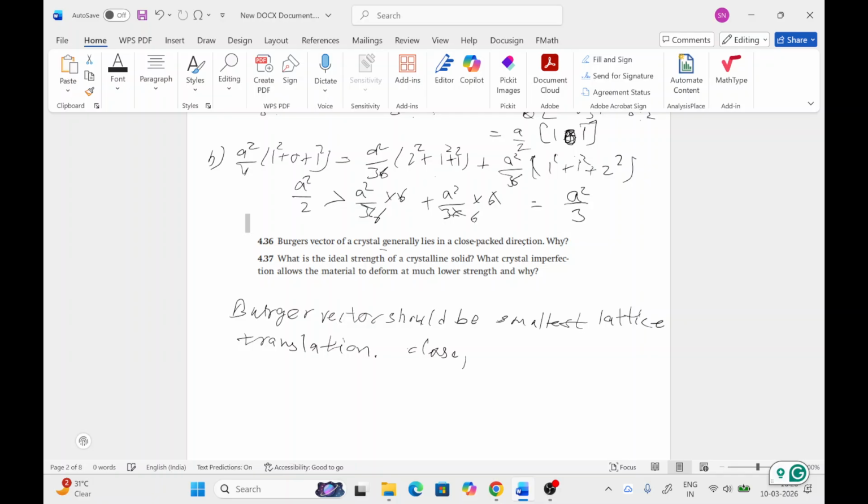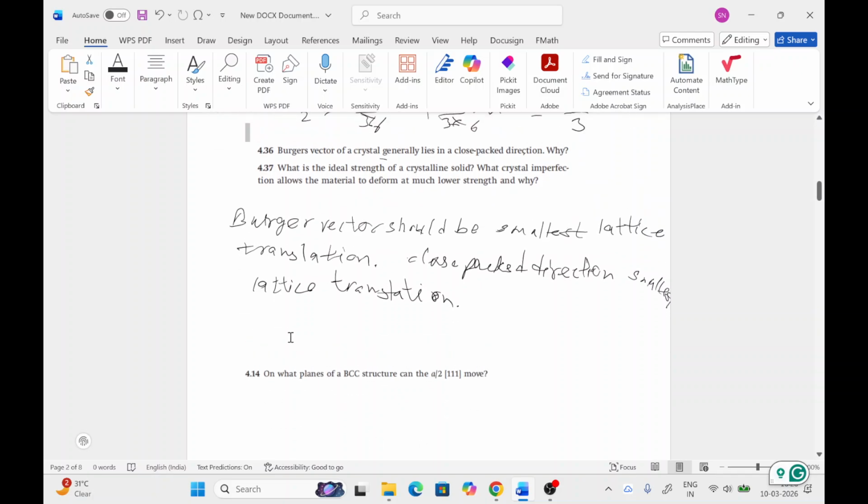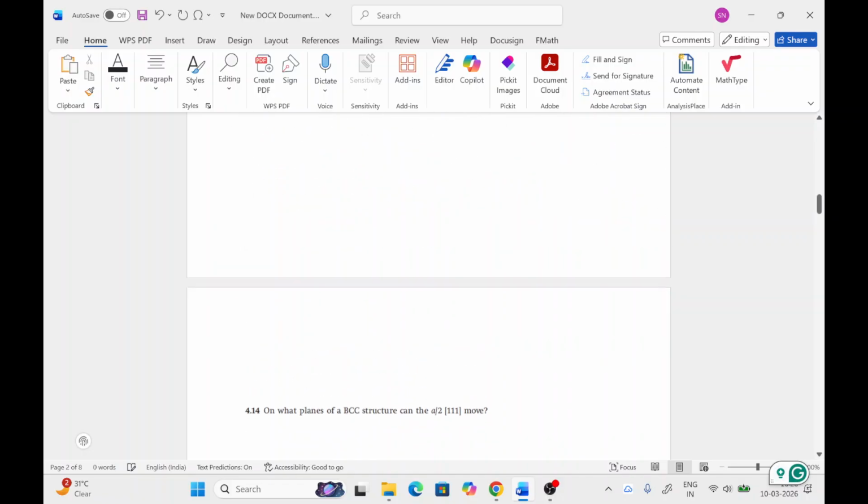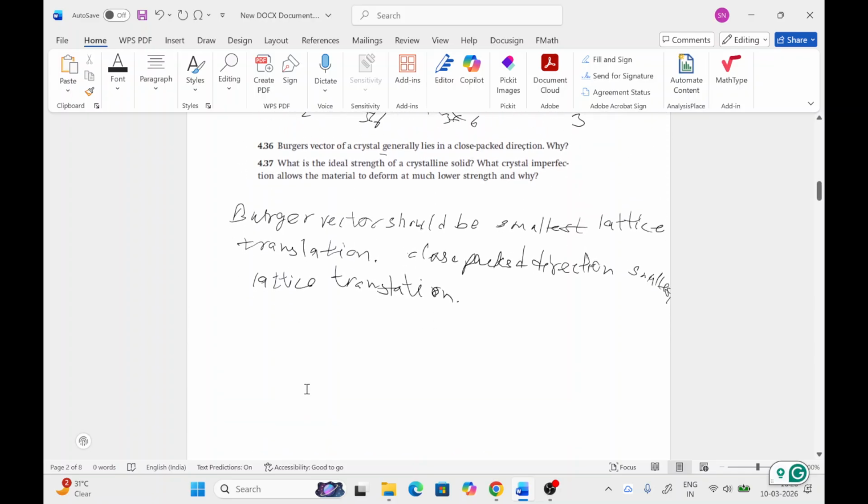So the close packed direction has the smallest lattice translation. Let's check it by taking the example of BCC and FCC.